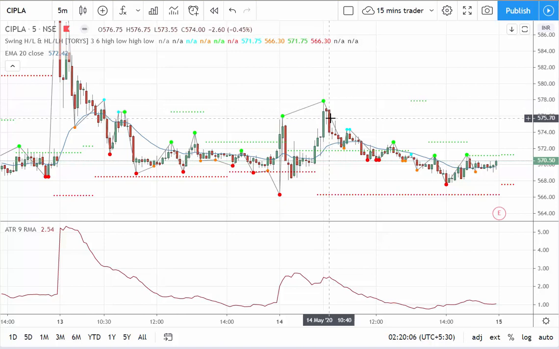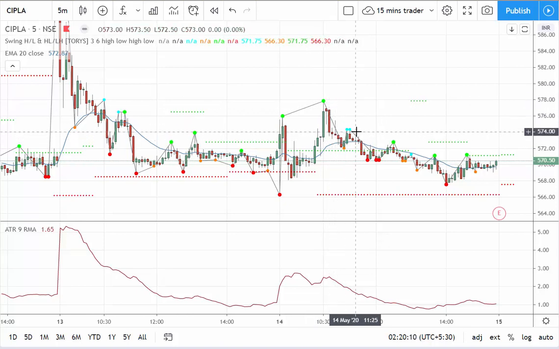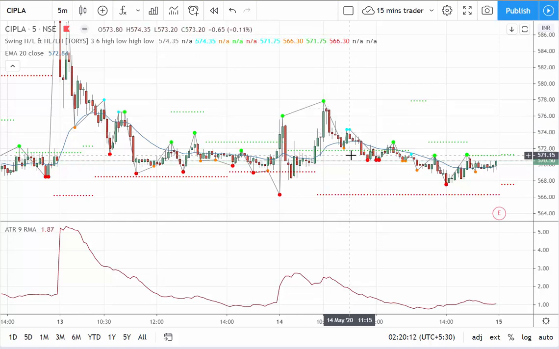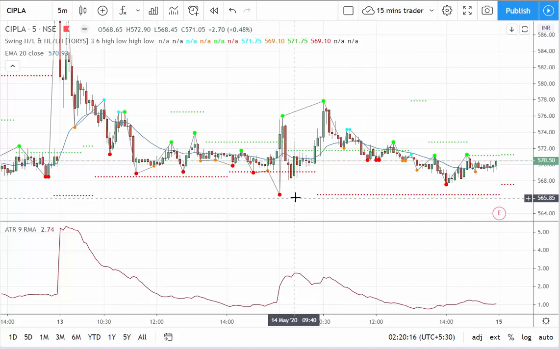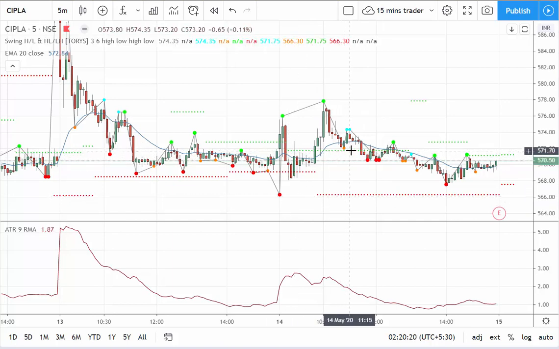So once I realized my mistake, I booked out, like this. This swing has happened. So I shifted my stop loss from 566 to 572, and I booked out on this breakout at 572. What I've done is I've not booked out.